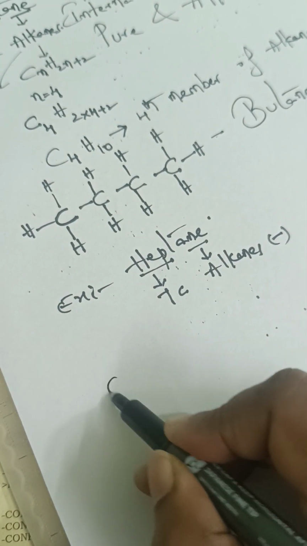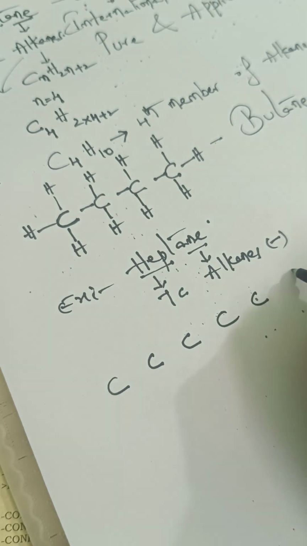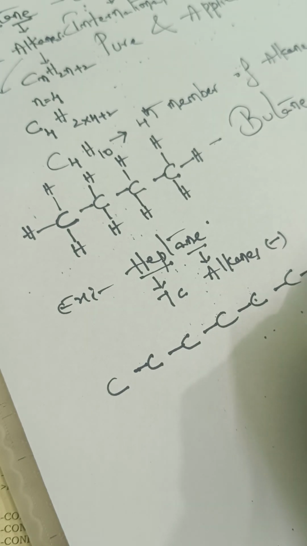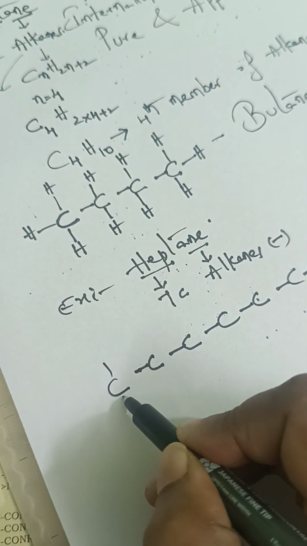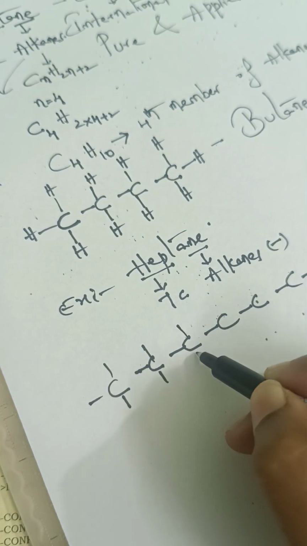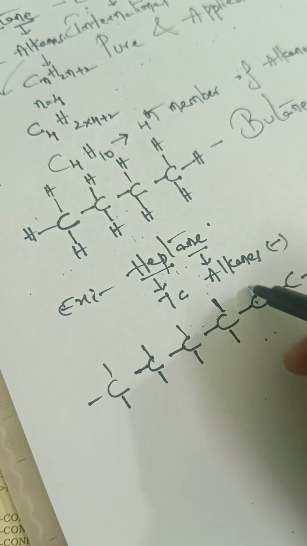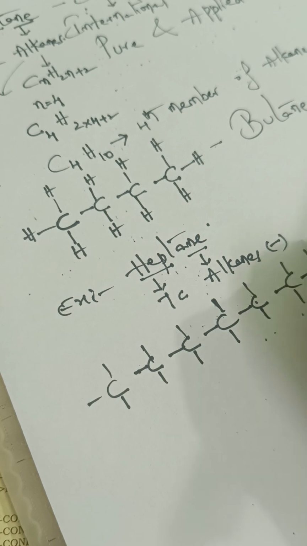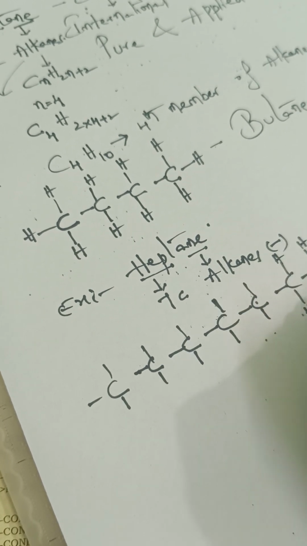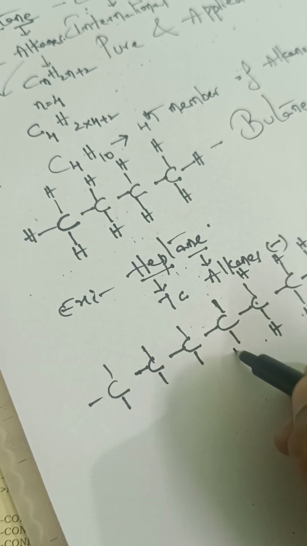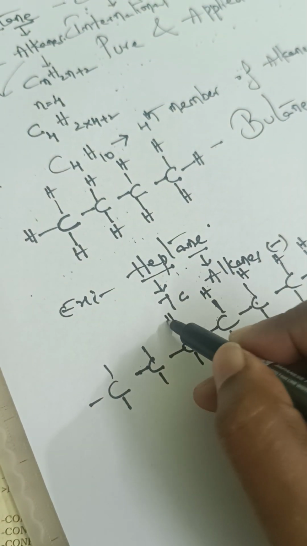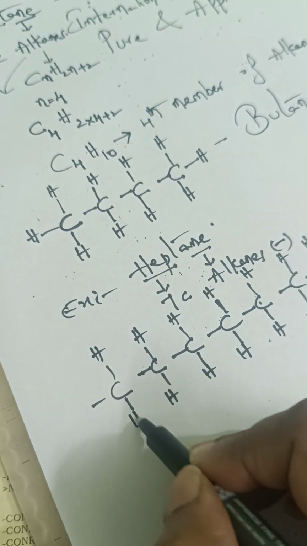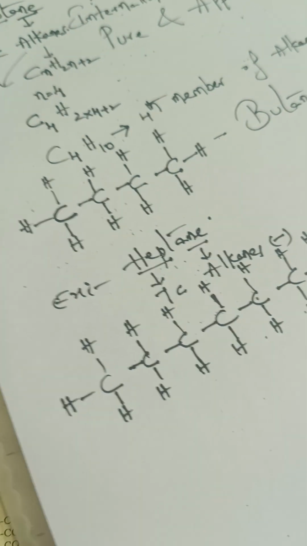Hepta means 7 carbons: 1, 2, 3, 4, 5, 6, 7. I am assigning the bonds to the carbon atoms. Now you have to satisfy the valency of the carbon atoms with hydrogens. You can take any other group, not only hydrogen, but the valency of each atom should be satisfied. See, this will be the structure for heptane.